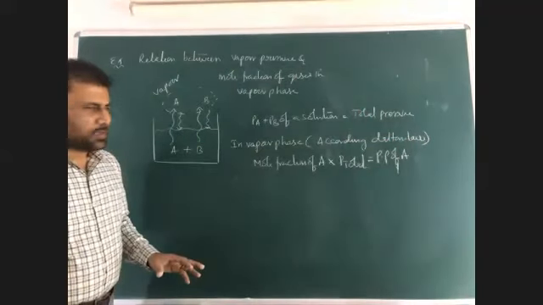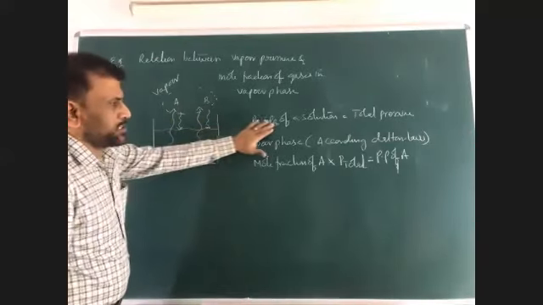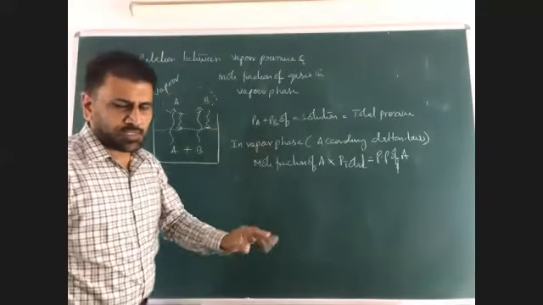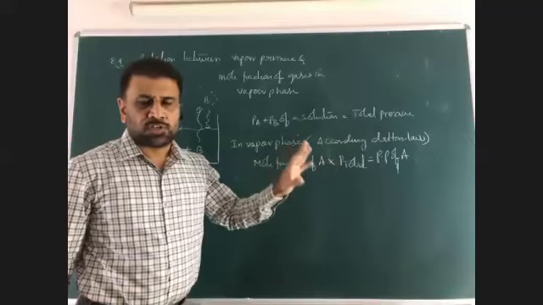Now listen. We calculate the total solution PA plus PB from Raoult's law. That is understood clearly. PA plus PB is a solution, that is Raoult's law, total pressure.